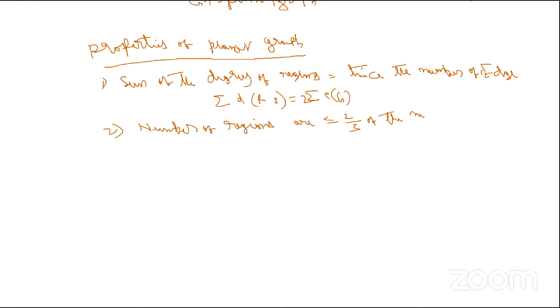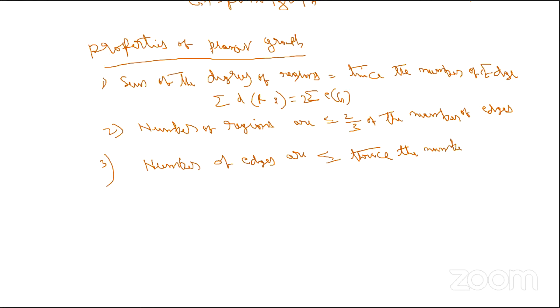Third: the number of edges is less than or equal to thrice the number of vertices.